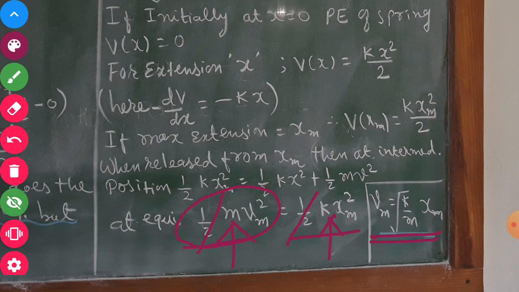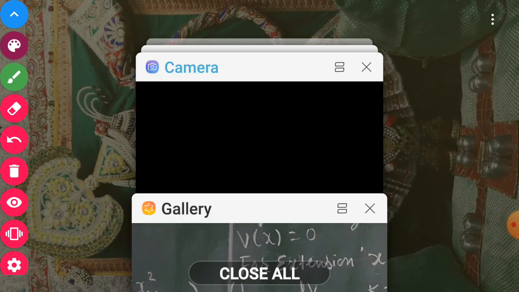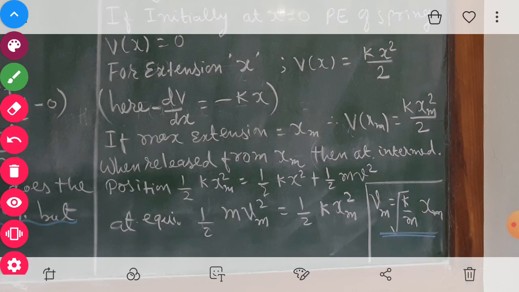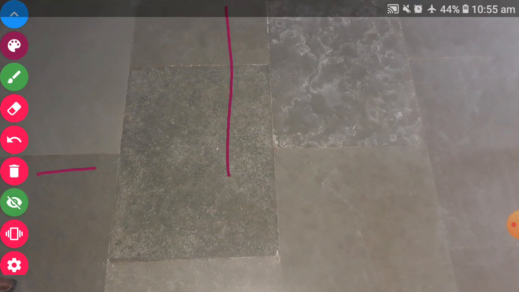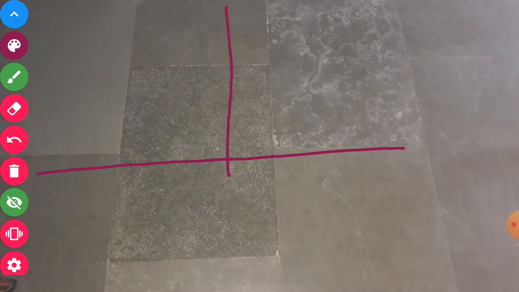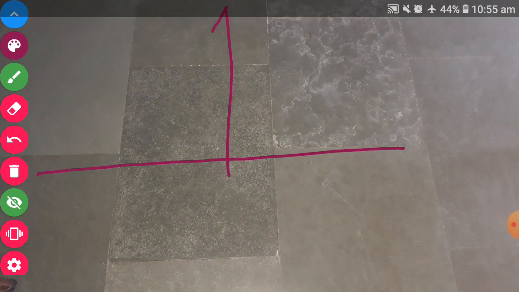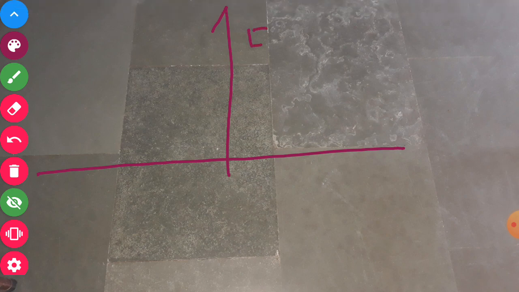So we can say that when the object is moving from its initial position, initially it had total energy in the form of potential energy. If you draw the graph of energy versus displacement, the vertical axis is the energy axis, and the other axis is the displacement.